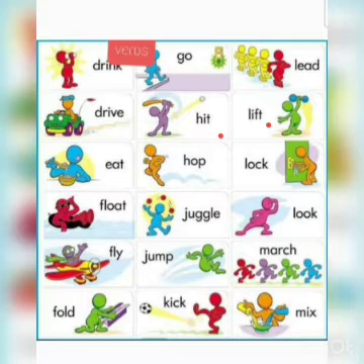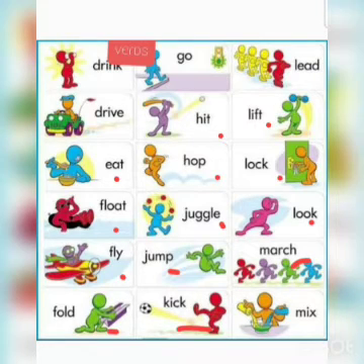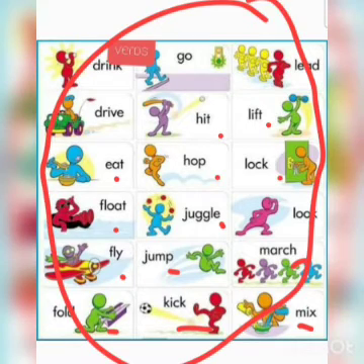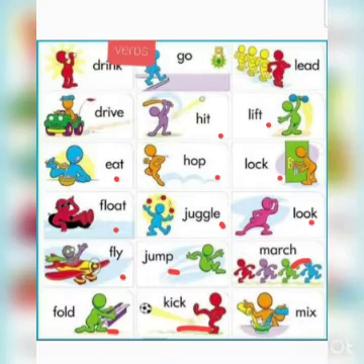Lift. He is lifting dumbbells. Eat. He is eating something. He is hopping. He is locking the door. He is floating. He is juggling the balls. He is looking for something. He is flying in the air. He is jumping. They are marching. He is folding the paper. He is kicking the ball. He is mixing something. Okay. These are the examples of verbs.